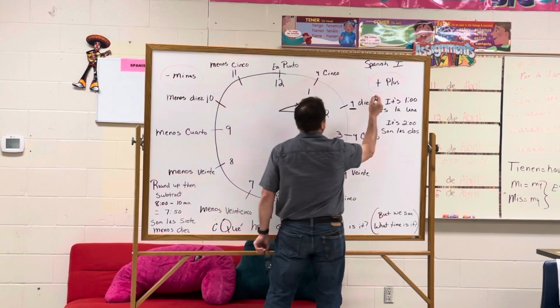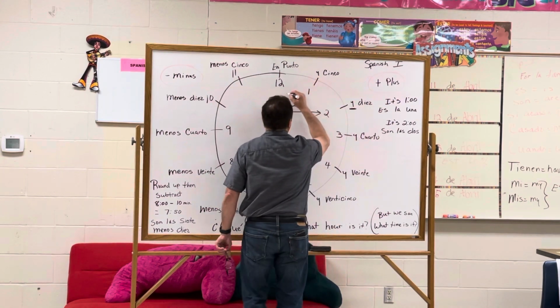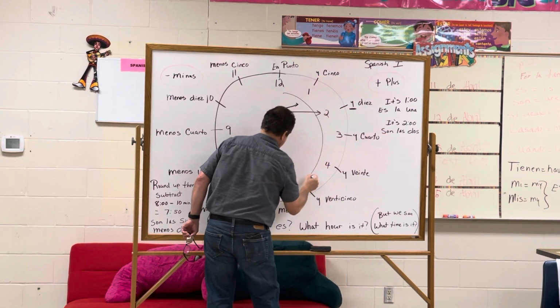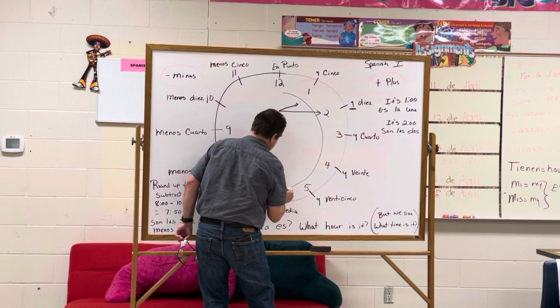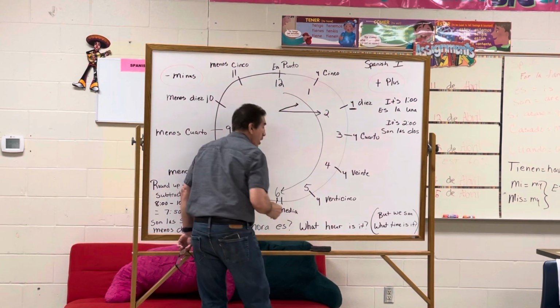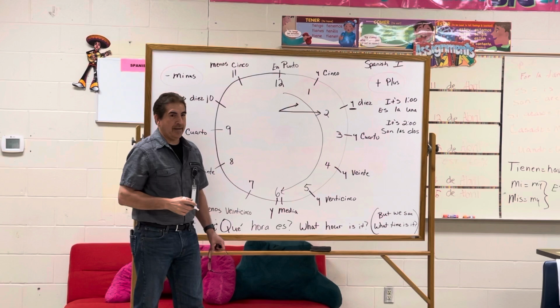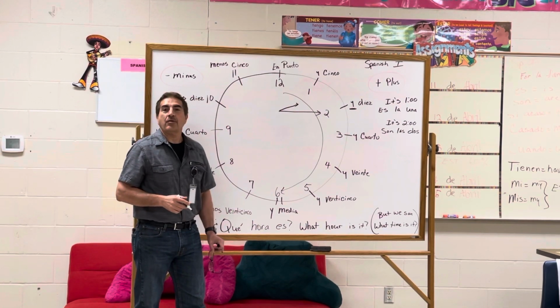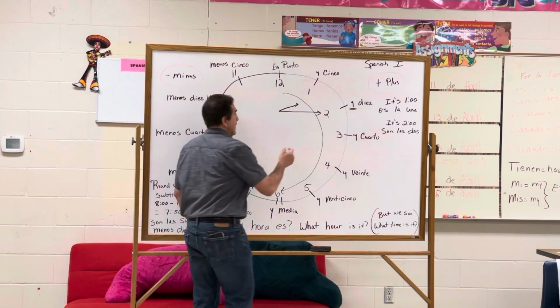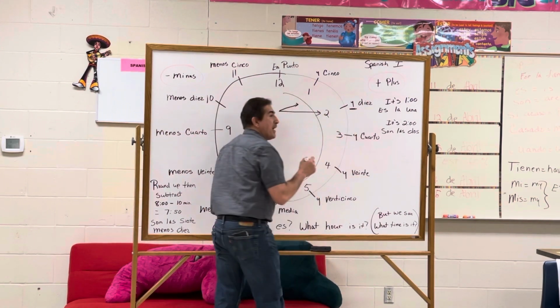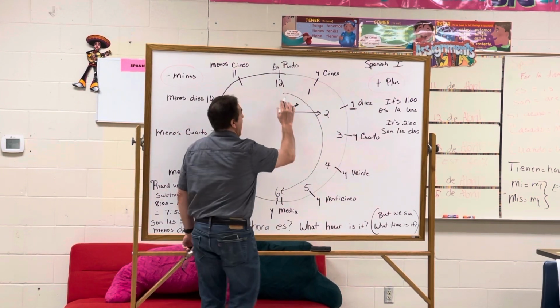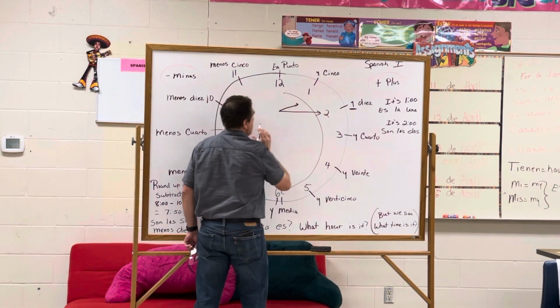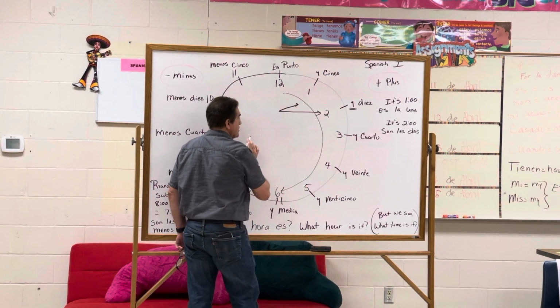Okay. So everything on this side of the clock, all the way to 29, well, all the way to 30, right? We're going to say y. In Spanish, we add. We add 5 minutes, add 10 minutes, add 15 minutes, right?